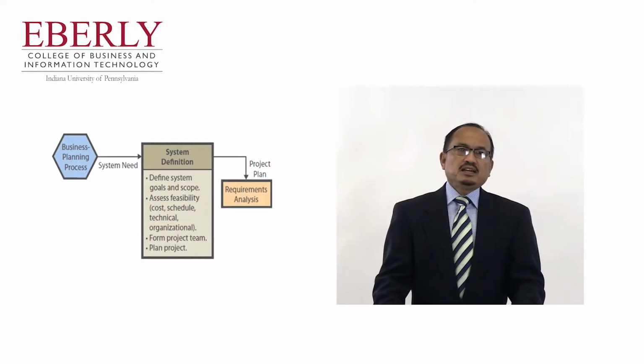Define system goal and scope. Figure 10.10 shows the first step is to define the goal and scope of the new information system. Information systems exist to facilitate an organization's competitive strategy by supporting business processes or by improving decision making.